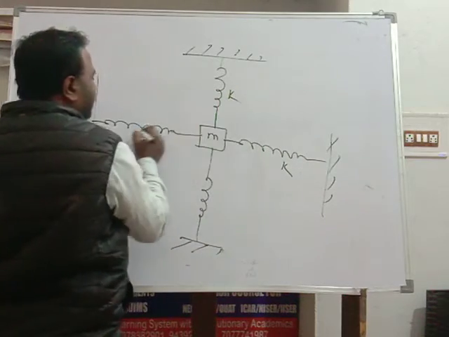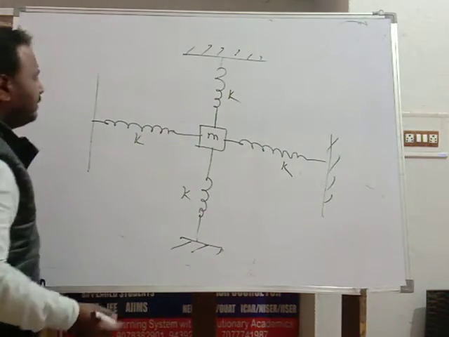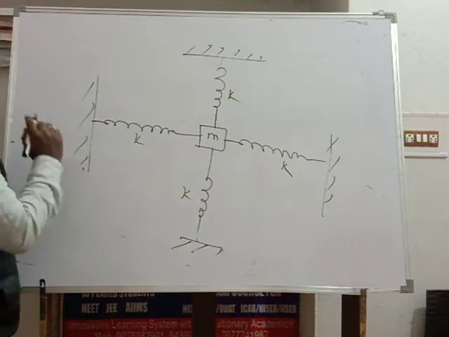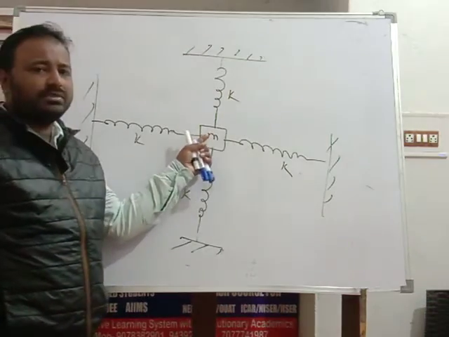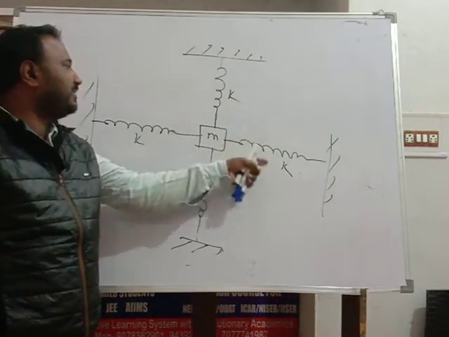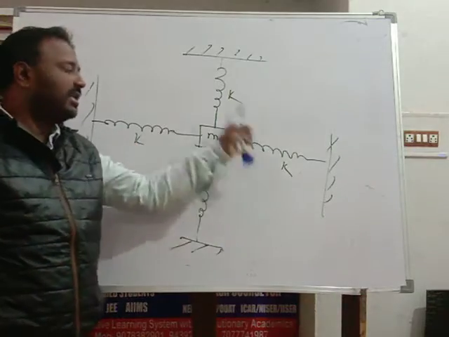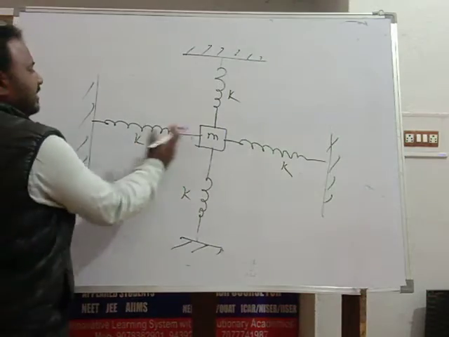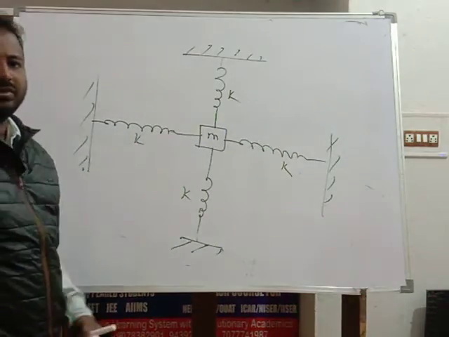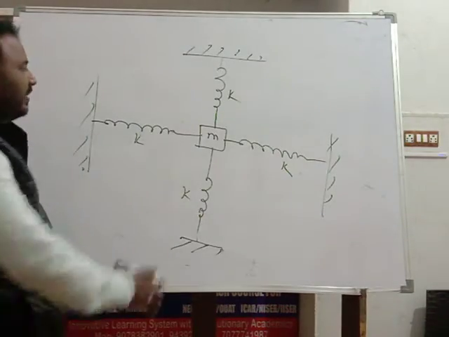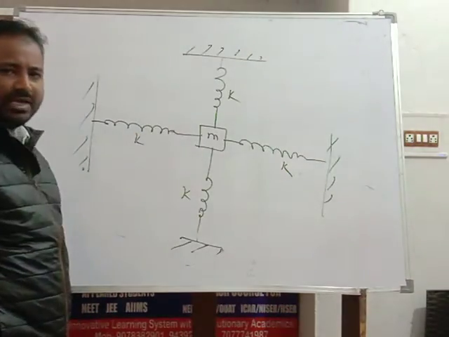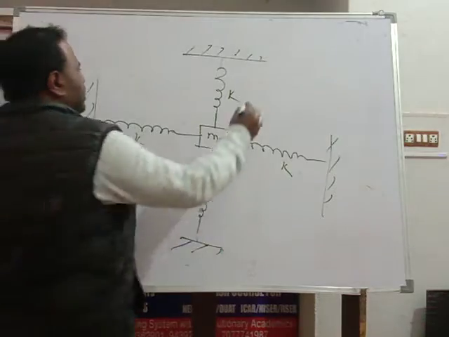All spring constants are k, correct? The mass is attached to four springs of identical spring constant k. Whenever the mass is given a gentle boost, the mass will oscillate. So find the time period of the system.